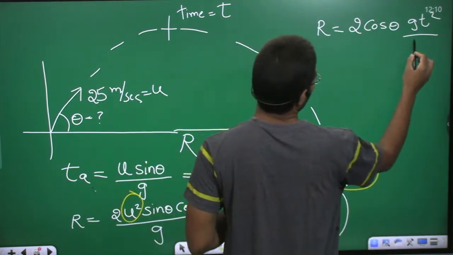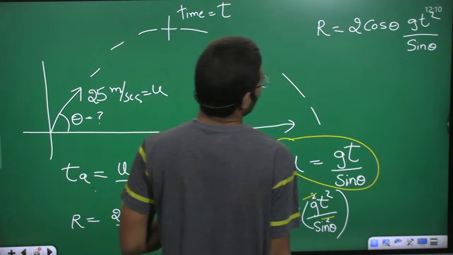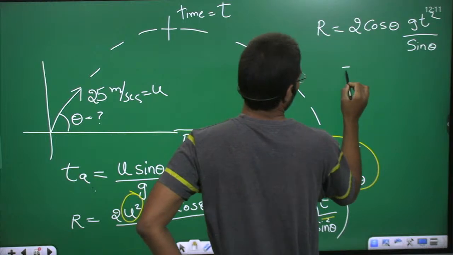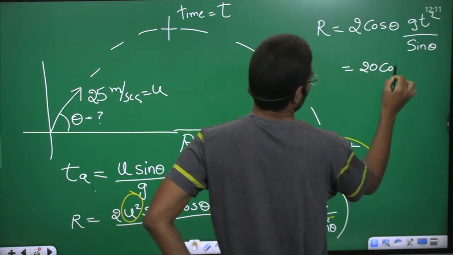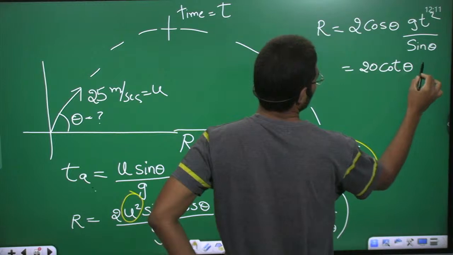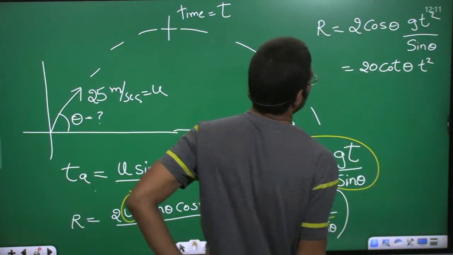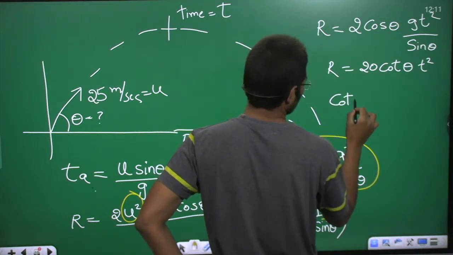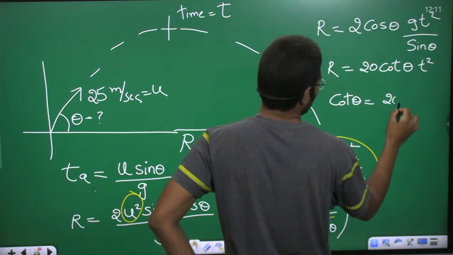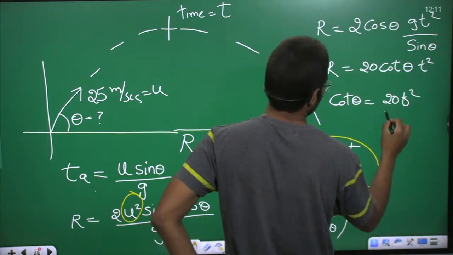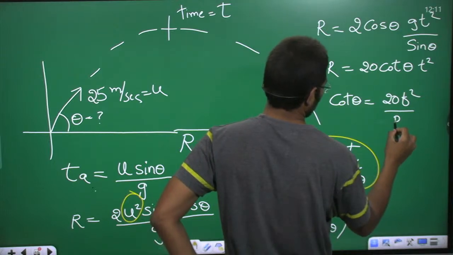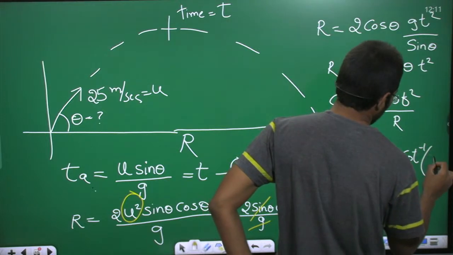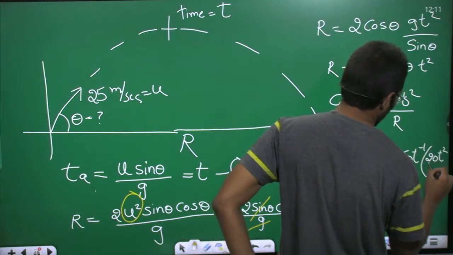Now g is equal to 10, so 20 cot theta t square is equal to R. So cot theta is equal to 20 t square by R, and theta is equal to cot inverse of 20 t square by R.